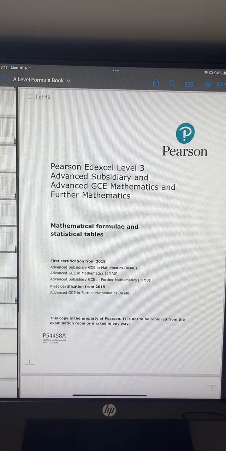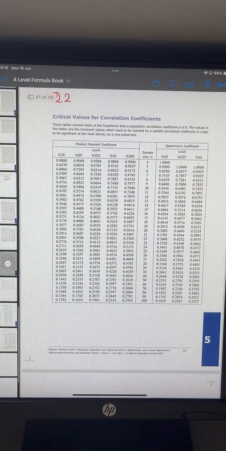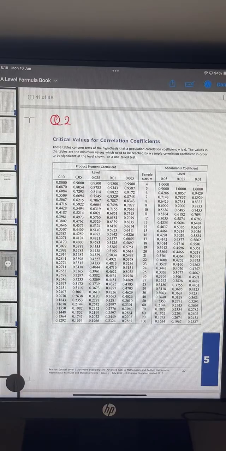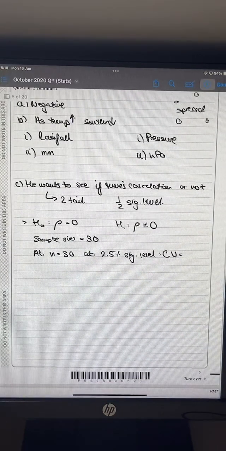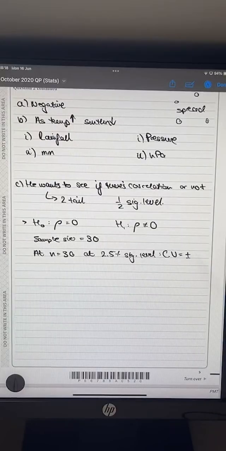We scroll all the way down to find the correlation coefficients, and this is the one we want, product moment coefficient. Our level is 2.5%, so we're looking down here, and we have 30. If we read across, we get this value here, 0.3610. Does that make sense for you guys how to read this diagram off? So here, the critical value is plus or minus 0.3610.